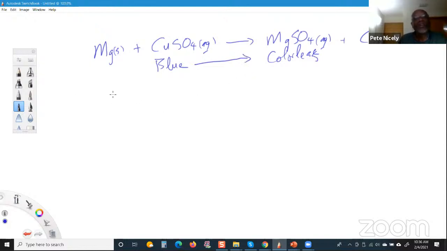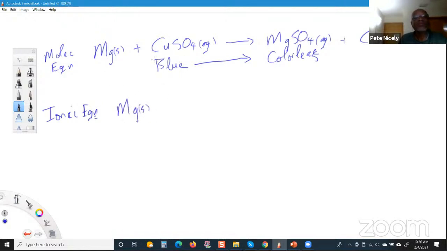Okay, so let's see what is actually happening in this reaction. This would be, again, the molecular equation. If you were to write down the ionic equation for this reaction, you'll notice that the magnesium will remain the same.